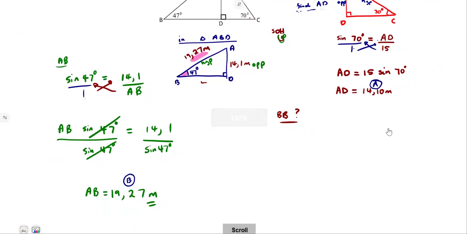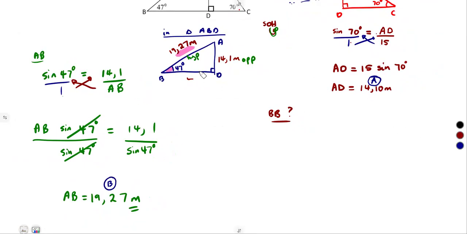To use Pythagoras, because we've got two sides. Remember, I said Pythagoras is used when you're given two sides and you want to calculate the third side. The square of the hypotenuse, AB squared, must be equal to the square of the other two sides, which in our case are BD squared and AD.